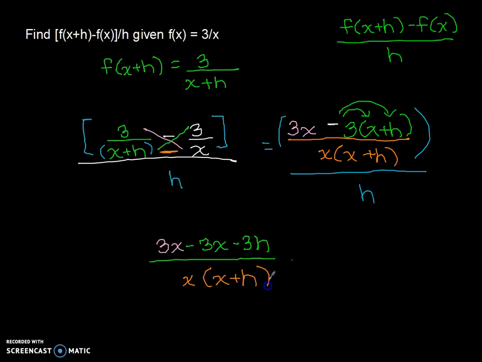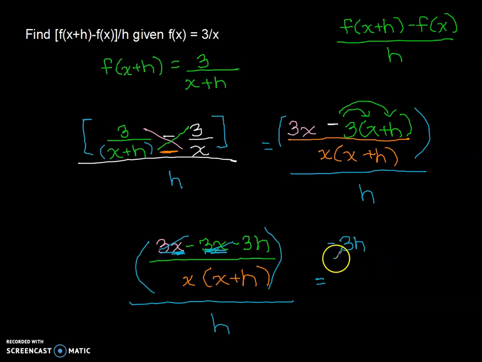And it's all over h as well. Okay, just worrying about, again, this part. You have 3x minus 3x, that's gone. So I'm left with -3h, sorry, I crossed that out, but there's a negative right there, over x times x plus h.